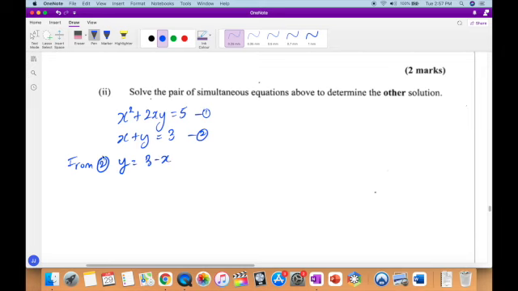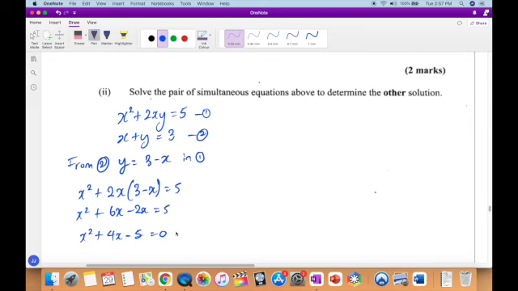Doesn't really matter which one we did first. In 1, so now I will get x squared plus 2x times (3 minus x) is equal to 5. x squared plus 2 3s are 6x minus 2x is equal to 5. So x squared, 6 minus 2 is 4x, and I'll bring the 5 across here, is equal to 0.